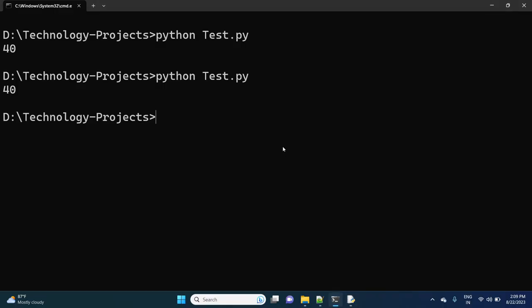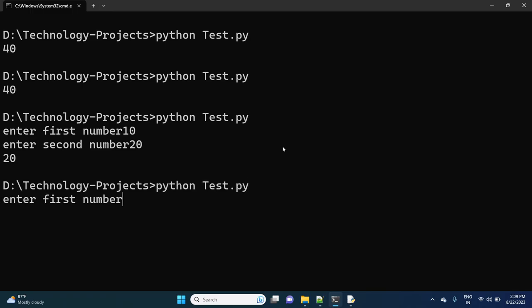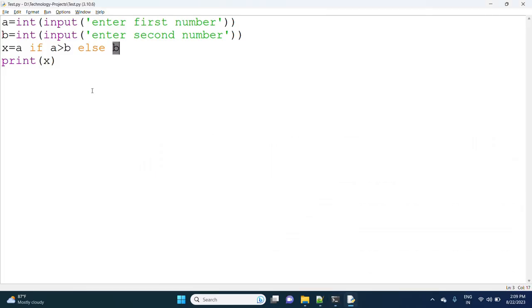So 10 and 20 gives output as 20. If I'm taking 20 and 10, the answer is again 20.